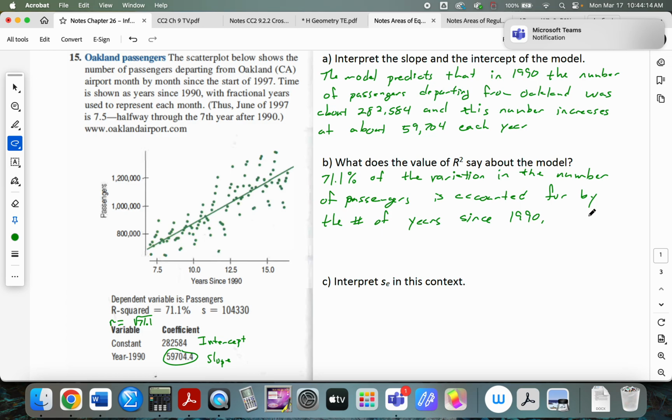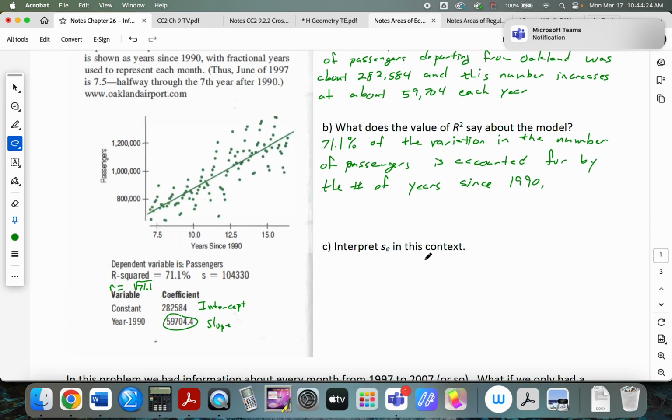Okay. All right, and let's interpret S sub e. Sometimes they'll just write S, sometimes they'll write S sub e on these. So that's this.